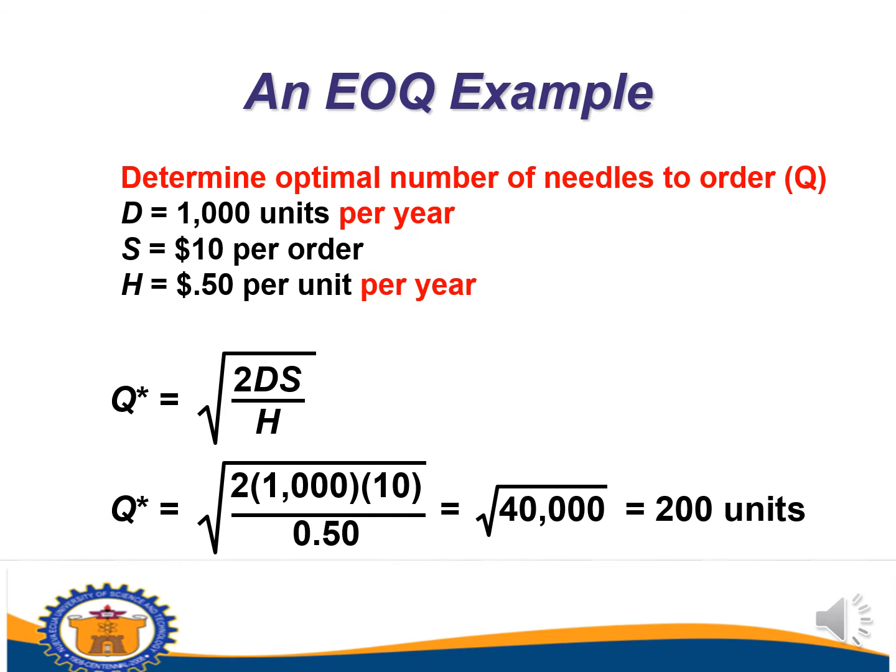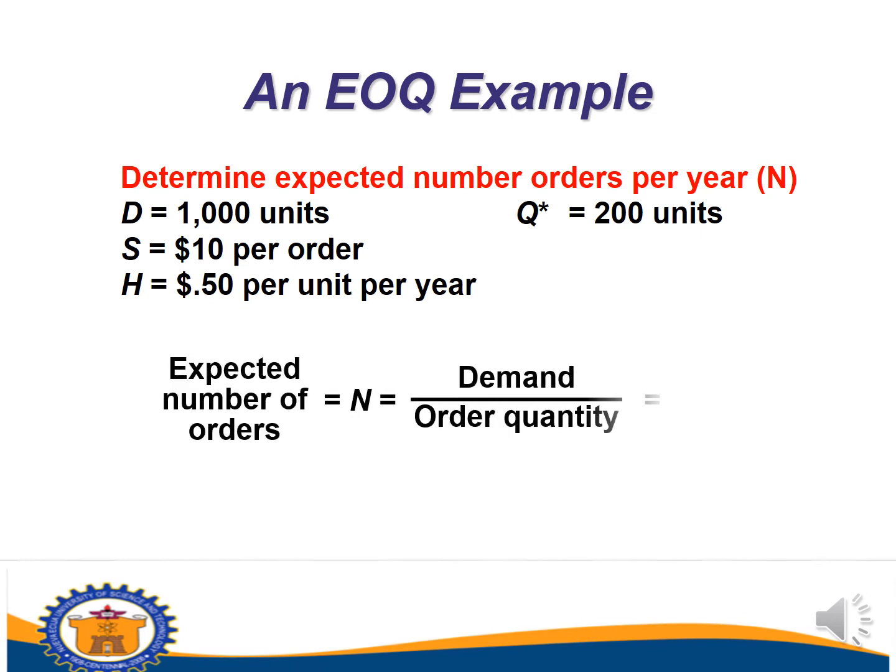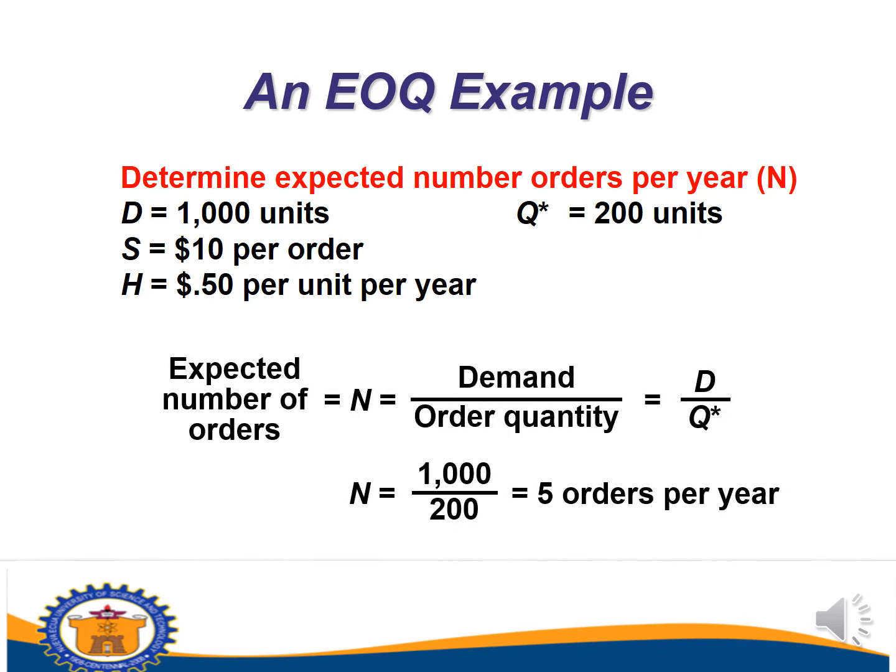In calculating the Q star or EOQ, we use the formula square root of 2 times D times S over H. So the square root of 2 times 1,000 times 10 over 0.50 is equal to the square root of 40,000, which is 200 units. So now we have determined the optimal order quantity, which is 200 units.